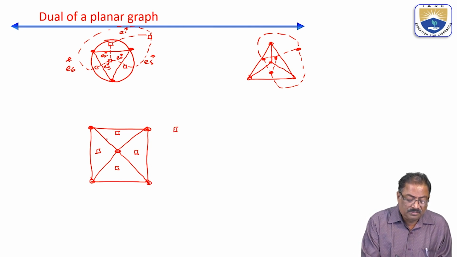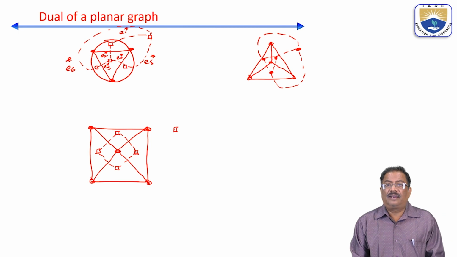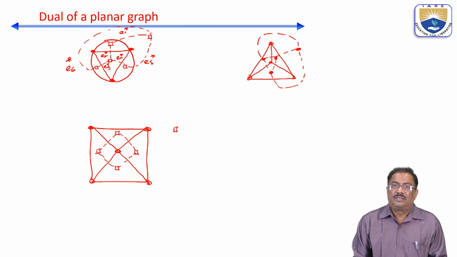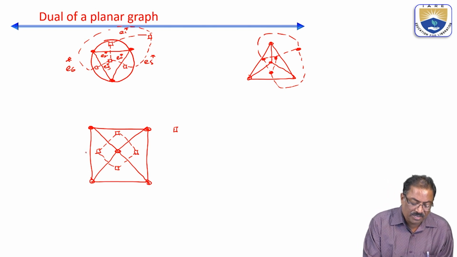And now for this edge we connect like this, and for this edge like this, and for this edge like this, and for this edge like this. The internal edges are over. There are 4 edges, so corresponding to its dual we have 4 edges. Now the external 4 edges we are going to connect like this.